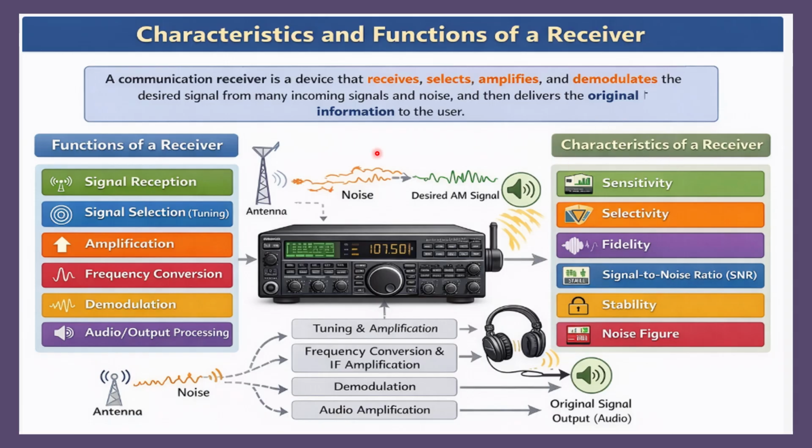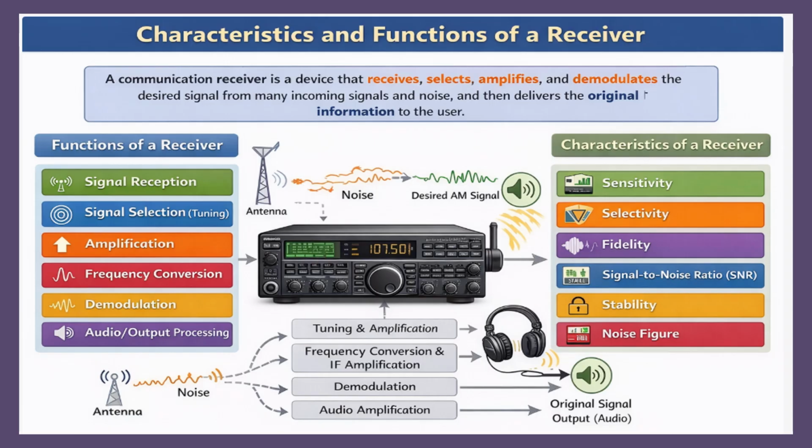What are the characteristics? Always the sensitivity for signal reception should be very high. For signal selection, selectivity should be high. Then amplification fidelity should be high, and the signal to noise ratio should also be good. Stability is also required, and the noise figure should also be good. These are the major characteristics your receiver should have.